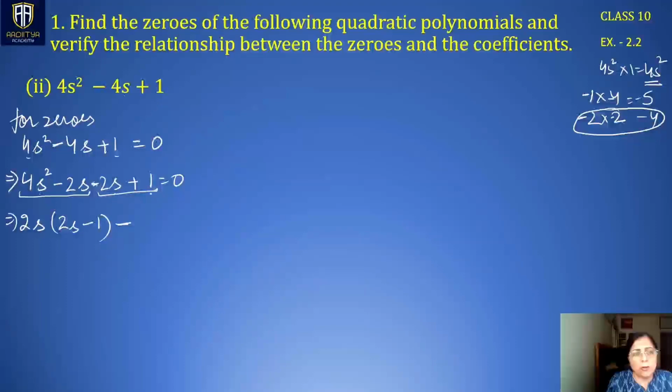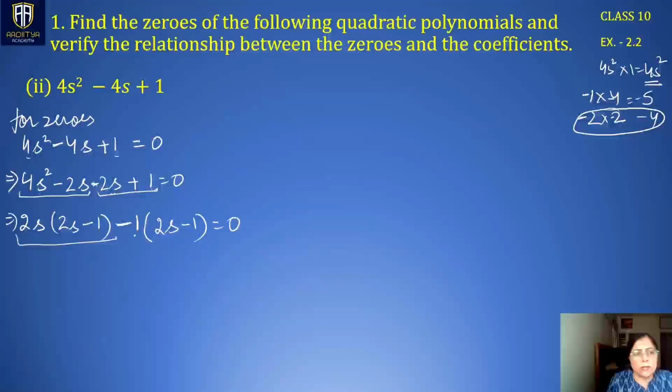Moreover, 2 and 1 have only one common factor, which is 1. This has got 1s and no s here. So we cannot take anything common except negative 1. Since I have taken negative 1, the signs of both the terms get changed when I close this bracket. This 2s becomes positive and 1 becomes negative.